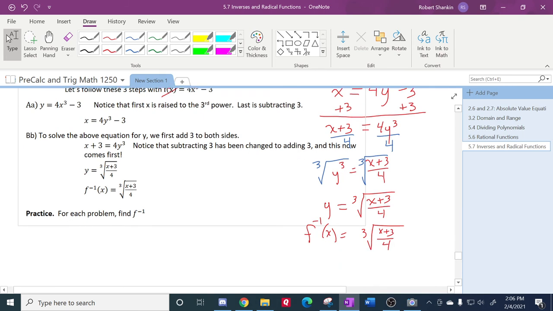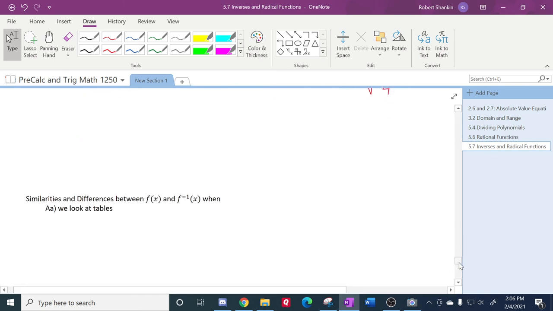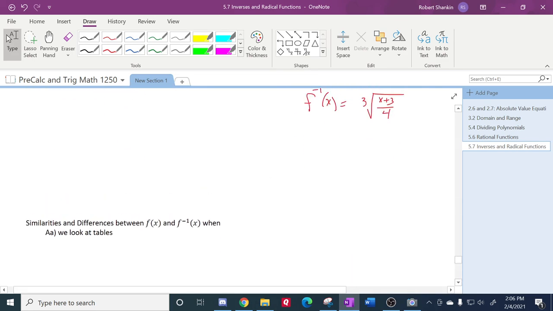So, for each of these problems, you're going to be asked to find the inverse.